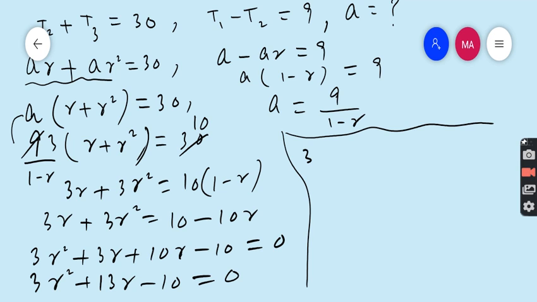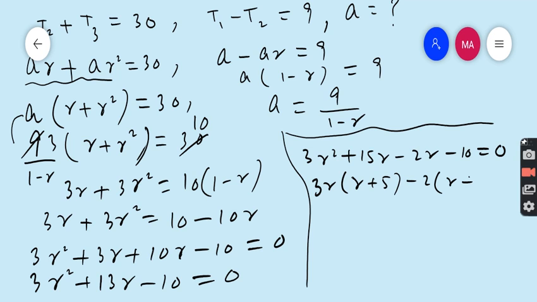So 3r square plus 15r minus 2r minus 10 is equal to 0. Taking 3r common from the first two, it is r plus 5.